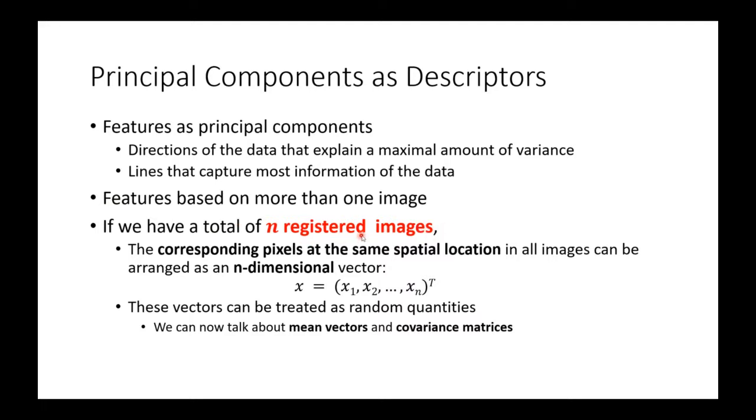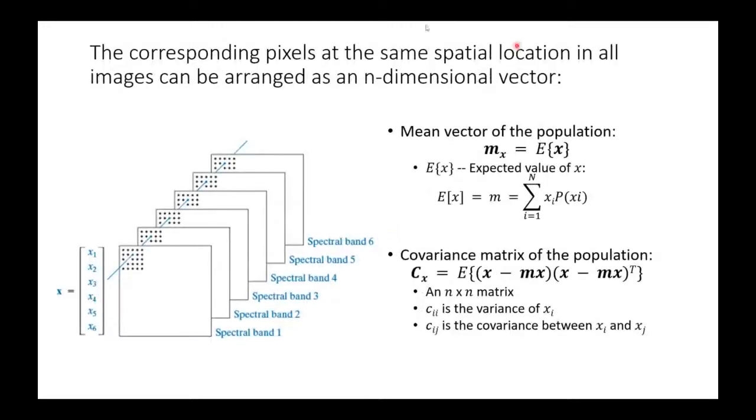As I said at the beginning of the lecture today, registered images are images of the same object taken over and over again, whereby every pixel in each image represents the same point of the object as in every other image.